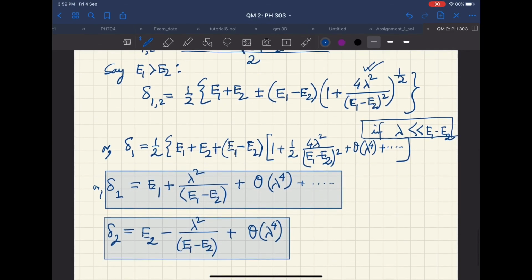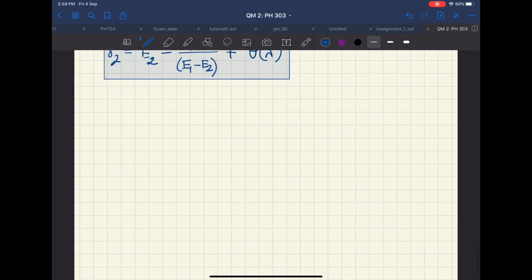We have just found out that if lambda is small compared to E1 minus E2, then only we are allowed to do this expansion. Therefore, lambda must be small compared to the differences in the energy eigenvalues. That is the first thing that you should note.